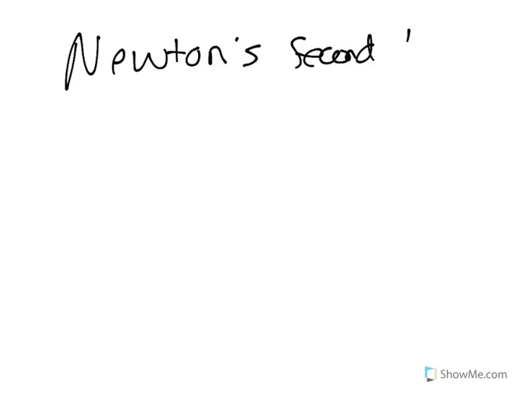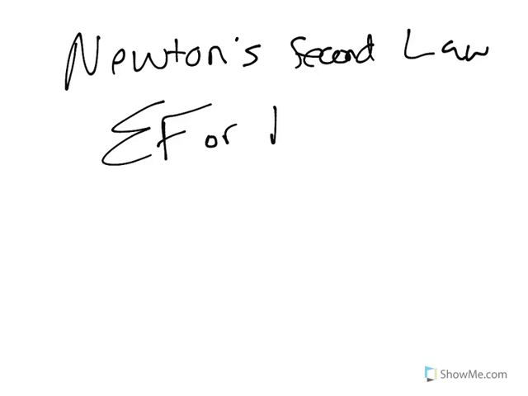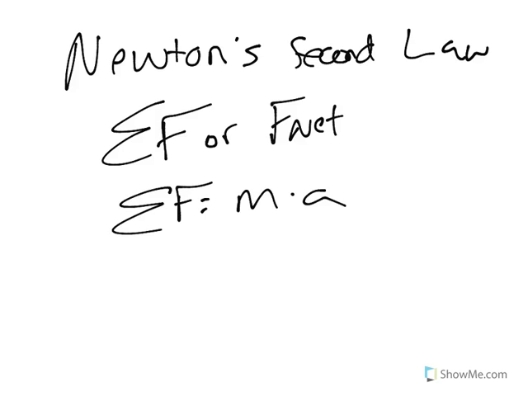Alright, so after we draw the FBD, the next step is to do Newton's second law. And Newton's second law is, quite simply, the formula: the sum of the forces, or the net force, they're the same thing, equals mass times acceleration. For the time being, you're only going to worry about forces in one direction.